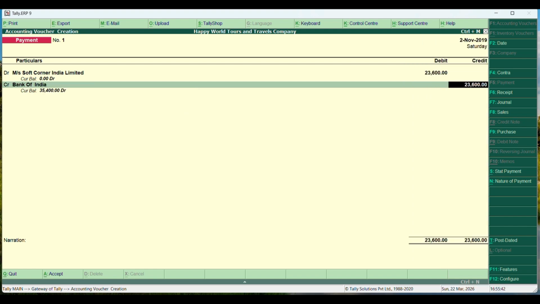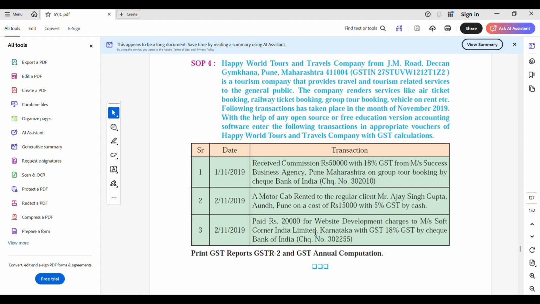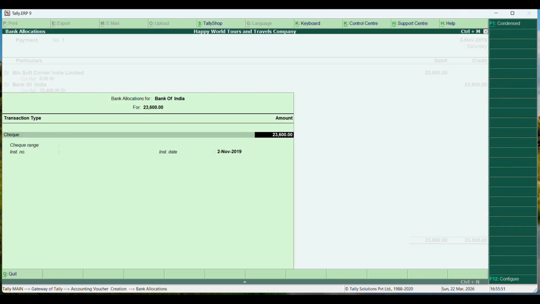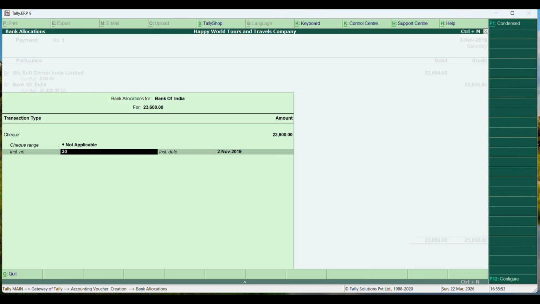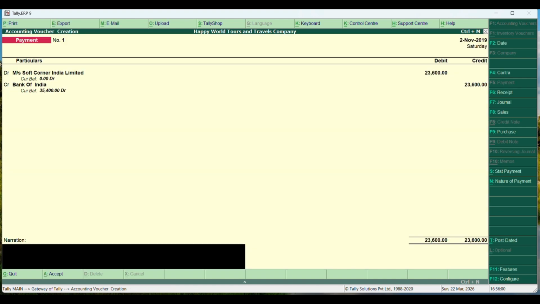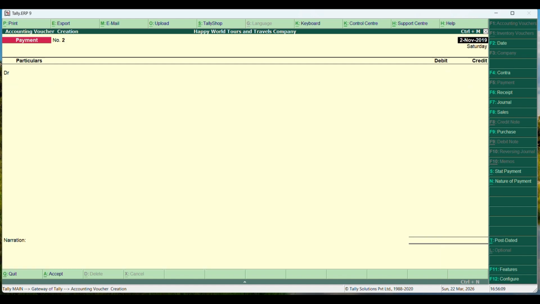We know that we have to give the transaction in the format of cheque, so 302255 is the cheque number. So this will be 302255. Instrument number, cheque date is the same, rest all remains the same. So yes, everything else is done.